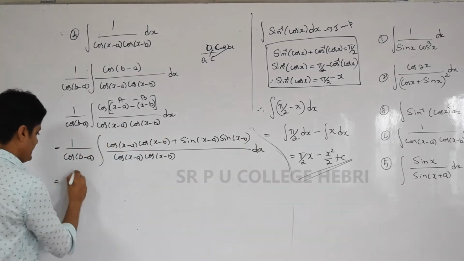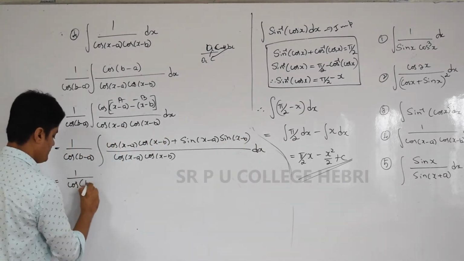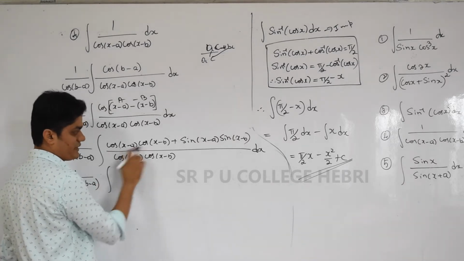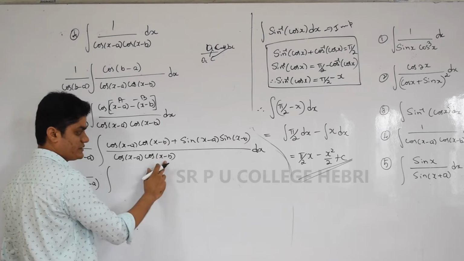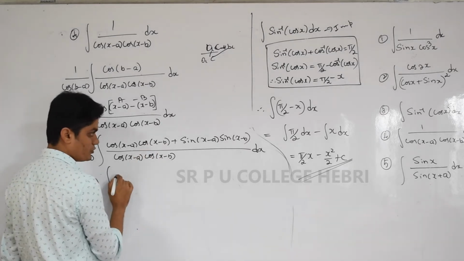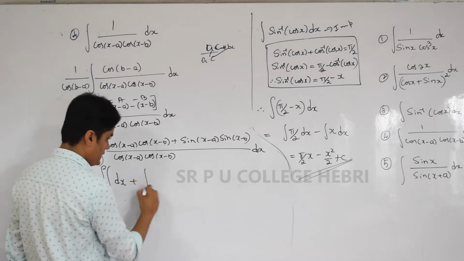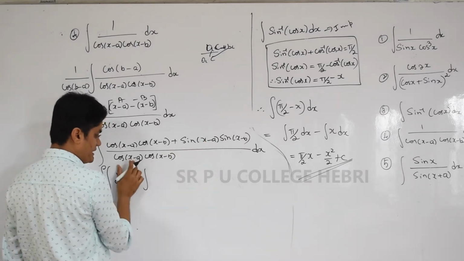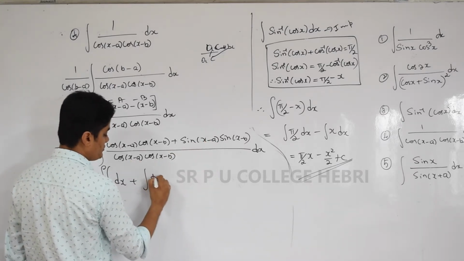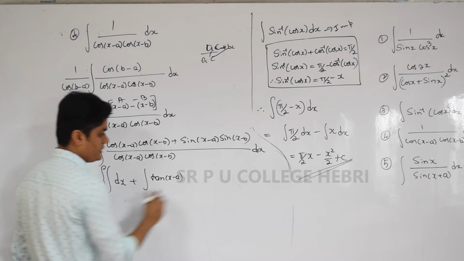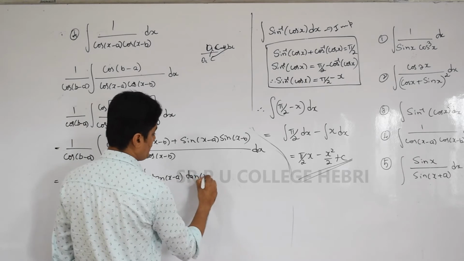So what does this become? 1 by cos of b minus a, divided by cos of x minus a, cos of x minus b; cos of x minus a, cos of x minus b just cancel, so only you will get dx, fully cancels, plus sin of x minus a divided by cos of x minus a, that is tan of x minus a, into tan of x minus b.